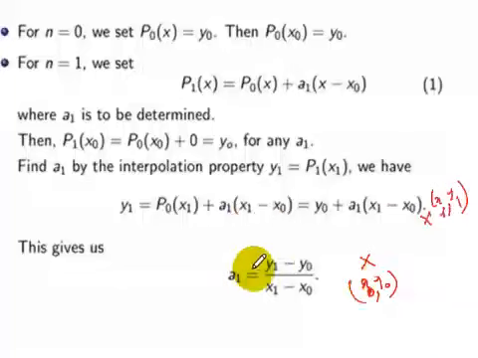So this coefficient is the slope of this line segment. If you join these 2 points with a straight line, basically this a sub 1 means the gradient of this line segment, right?